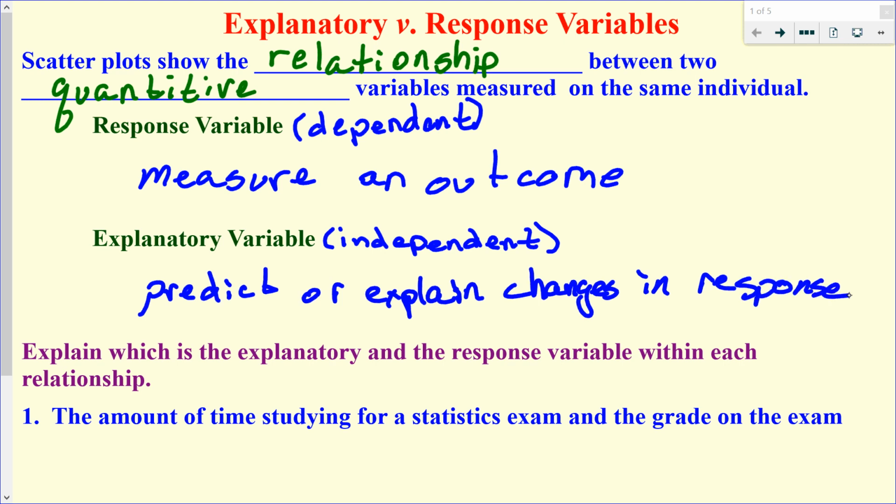So even though we can think of them in a way as the independent and dependent variable, they are a little bit different. In some scenarios, it's very easy to see which one is the explanatory and which one is the response variable. There are other scenarios where either one of them can take that role.